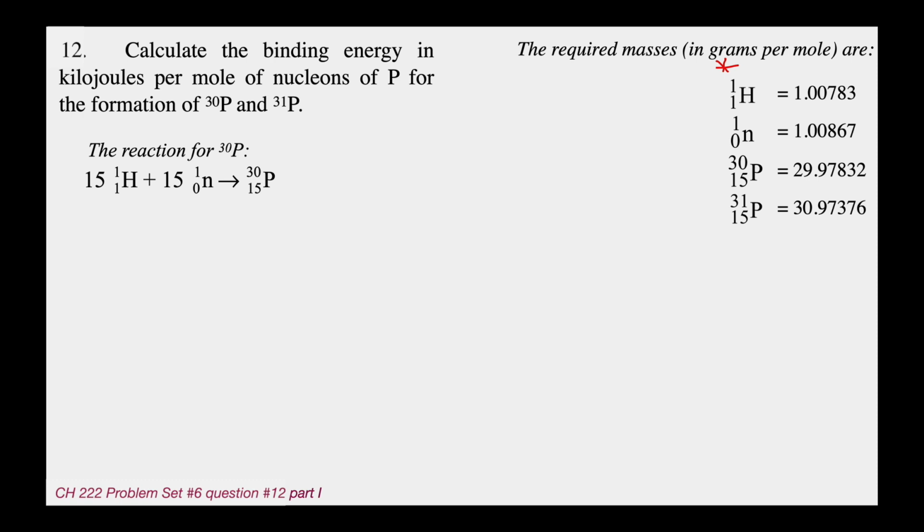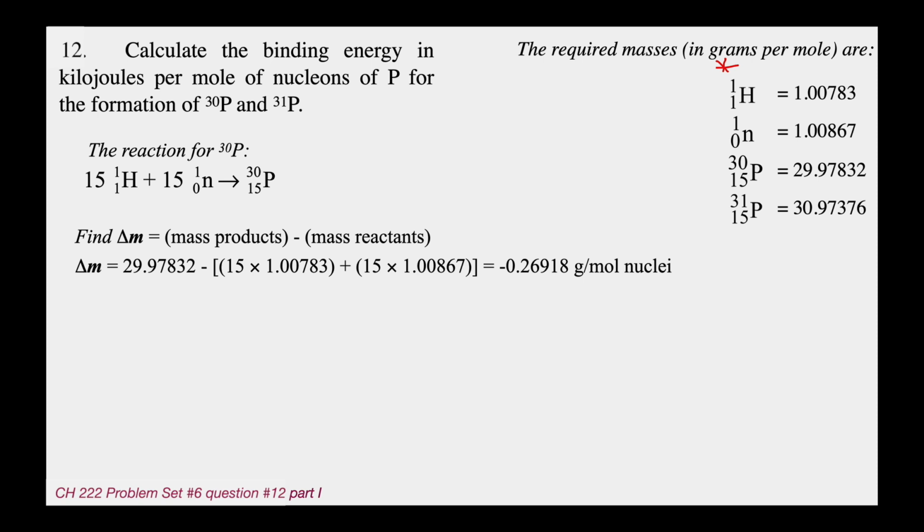So the first thing, like we did in lecture, is you want to find the change in mass. And you're going to find that the mass going in is actually greater than the mass that comes out. Remember that delta is always final minus initial. So that would be phosphorus-30 minus the 15 protons and 15 neutrons.